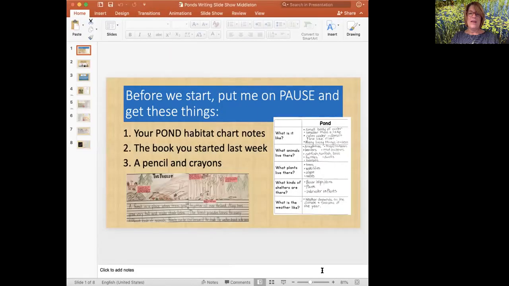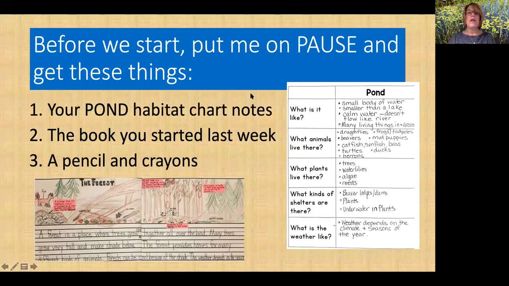Well, I'm glad you came prepared. I'm glad you have your notes because you have read about the ponds. So I'm going to share the screen and we will get started. Okay, these are the things you will need to be ready for today's lesson. You will need your pond habitat chart, which is right here.